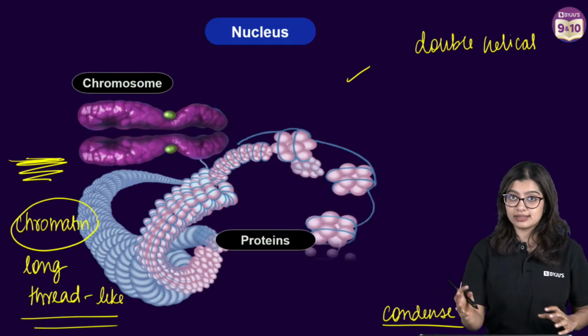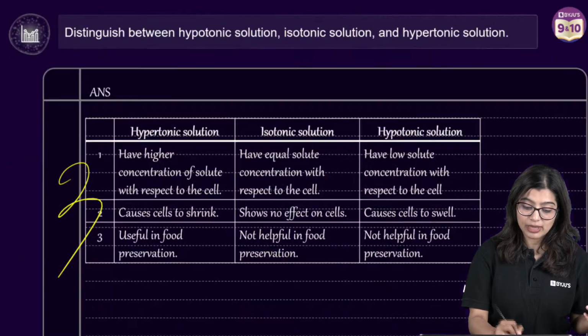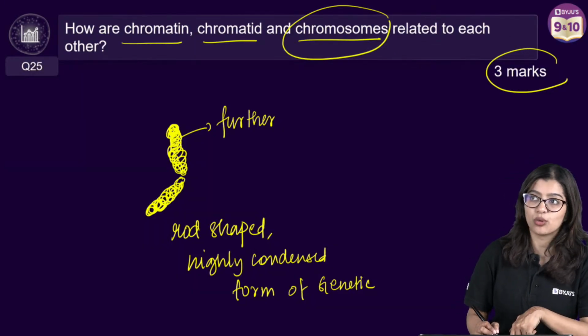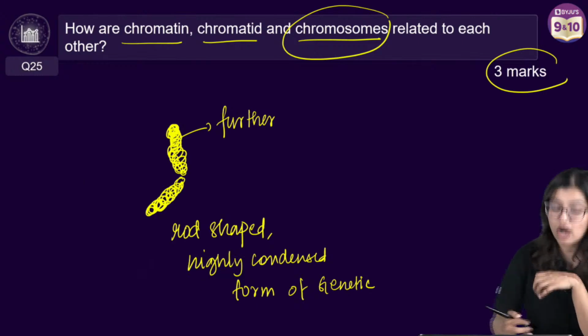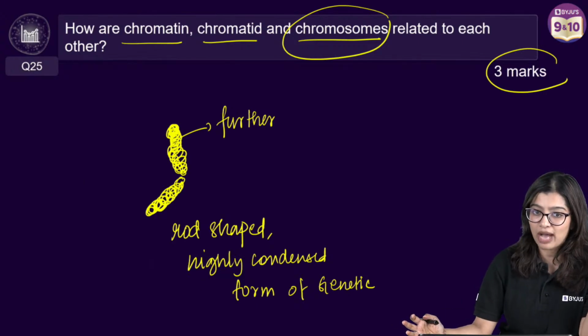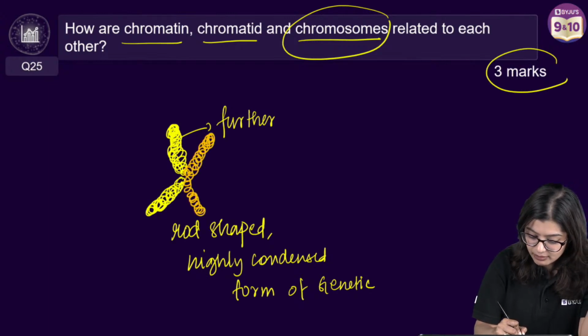Now during this cell division process, there needs to be a copy created. So if this is my chromosome, there also needs to be a copy of this chromosome created for cell division to happen. So it will make a copy and it will end up getting this X-like structure.